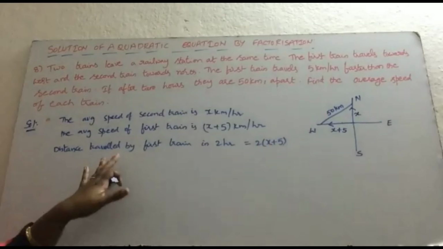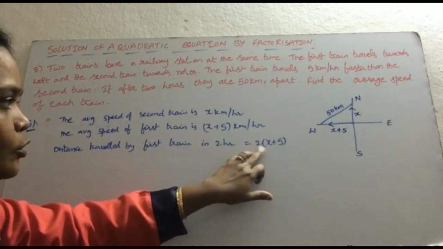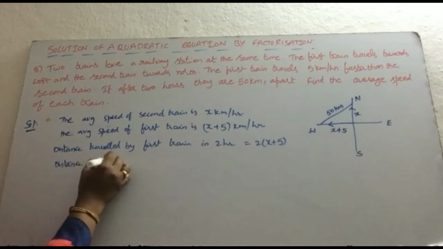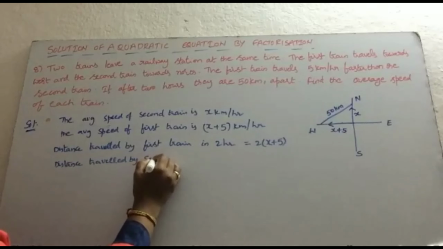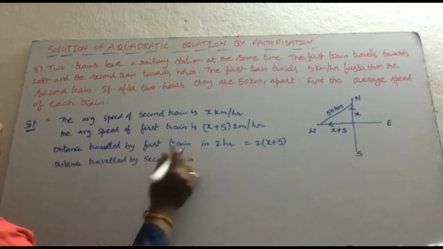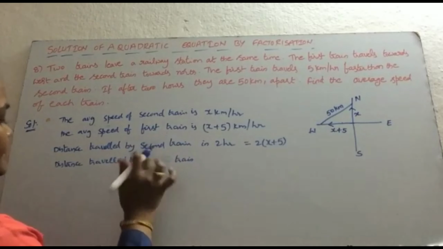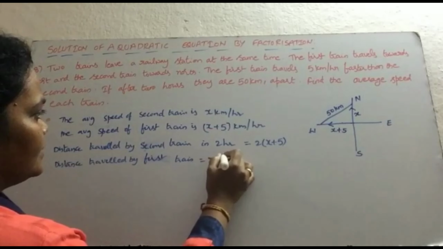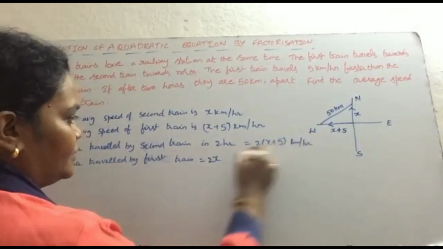So speed is equal to distance by time, so that means distance is equal to speed into time. So 2 into x plus 5. And distance traveled by second train, sorry, this is second train and this is first train, equal to 2x.